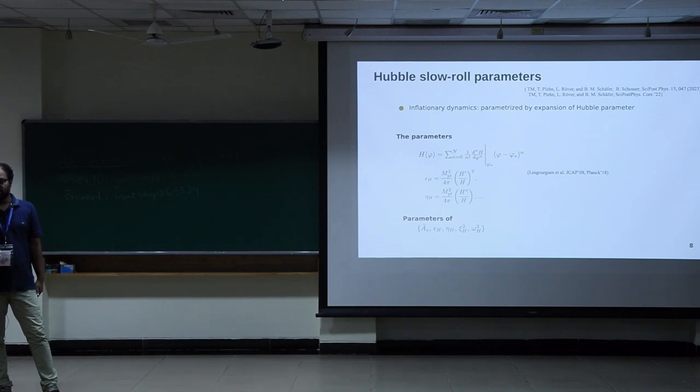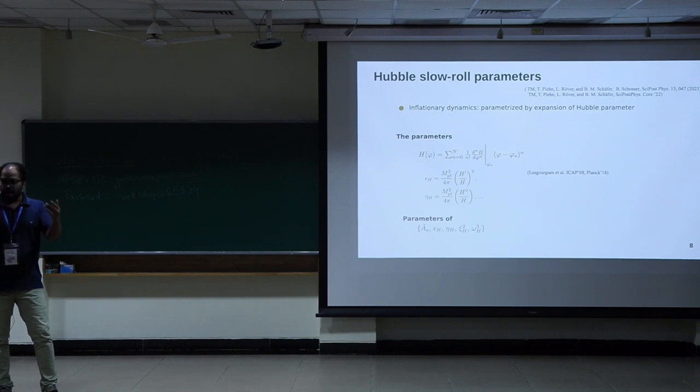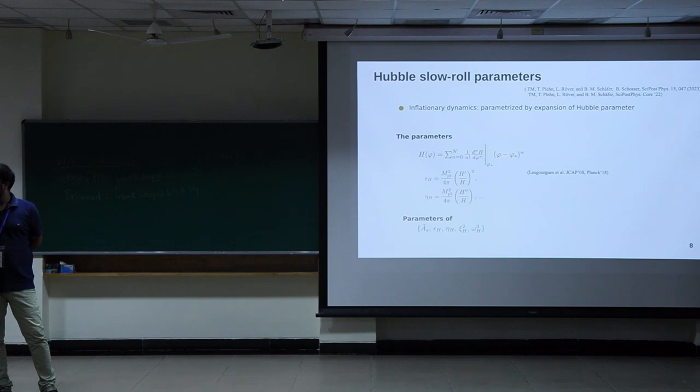If it doesn't fit, throw it away. This does not assume any of those. This just assumes that I have an arbitrary potential. The Hubble function is proportional to the potential. This Hubble function goes into the equation of motion, and that is how you actually reconstruct the potential. That's it, nothing else. Okay, thanks.